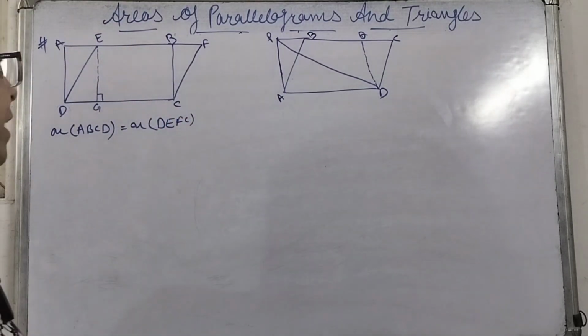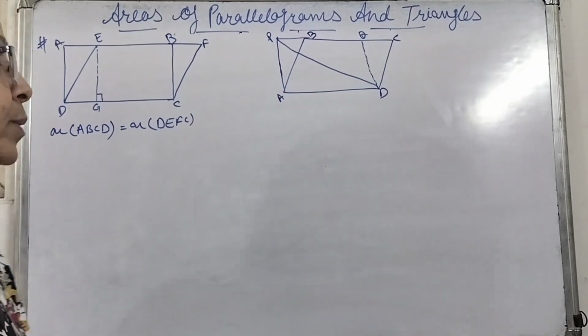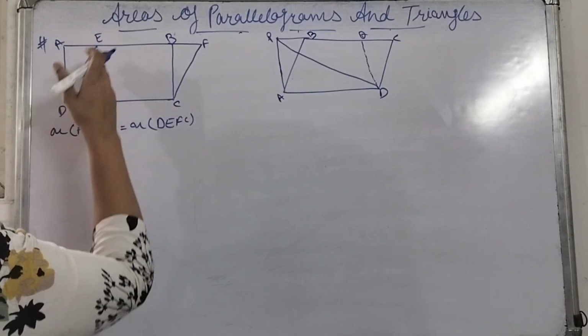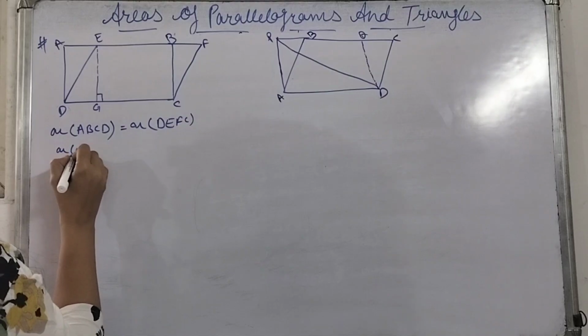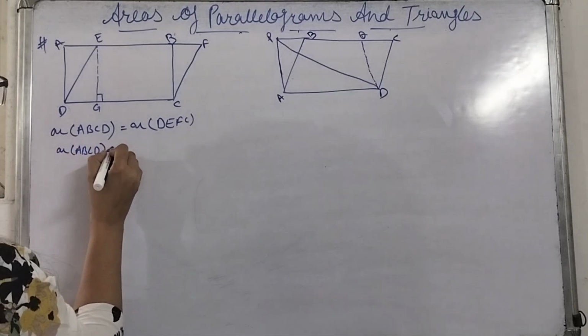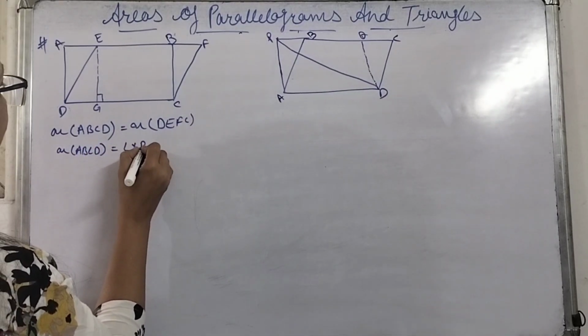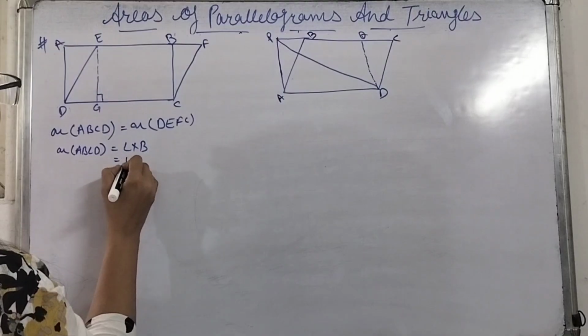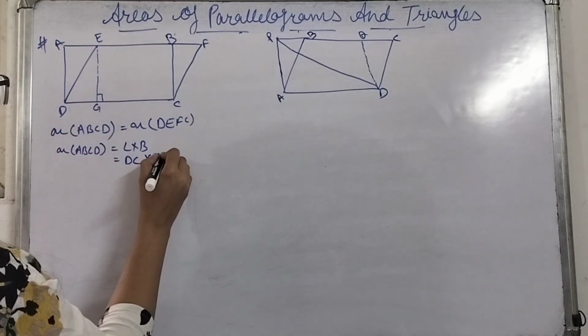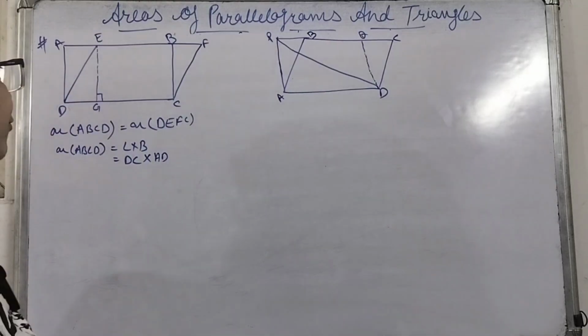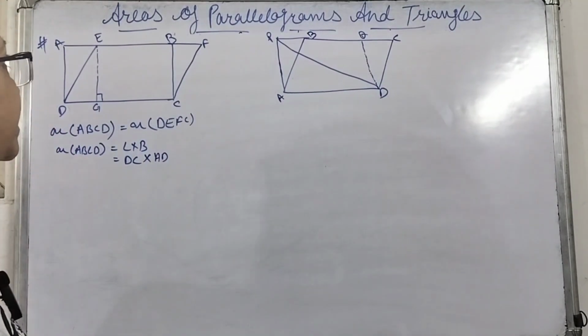And we know that the area of a rectangle is L into B. So the area of rectangle ABCD is L into B, where L is DC and B is AD. This is the length and width of the rectangle ABCD.